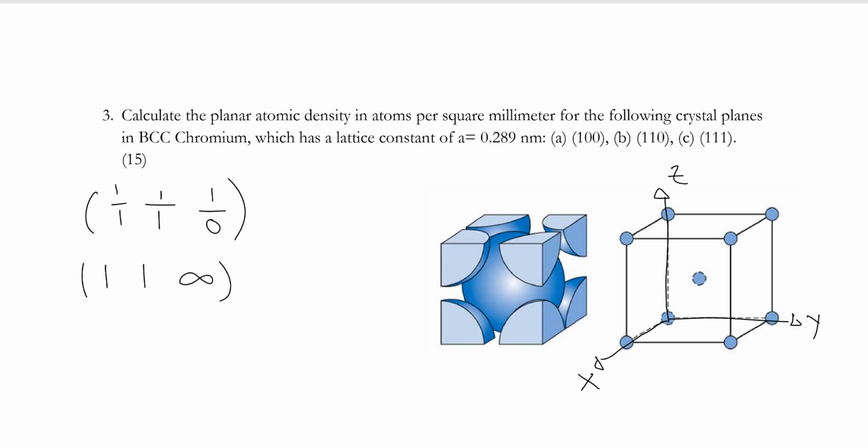This lets us know that our plane intersects at x equal to 1, y equal to 1, and runs parallel to the z-axis. So we get x equal to 1, y equal to 1, and parallel to the z-axis, which will look something like this. We can draw it over here on this one as well if it's easier to see.